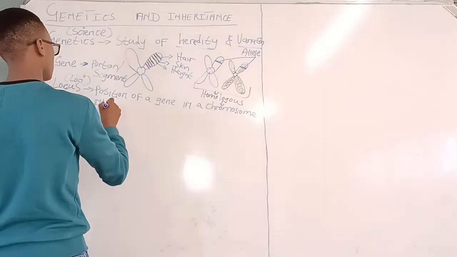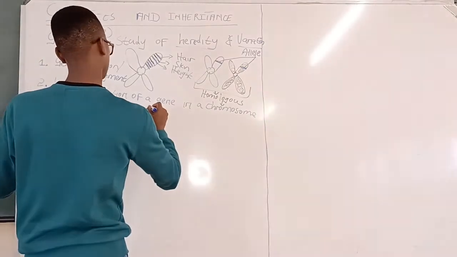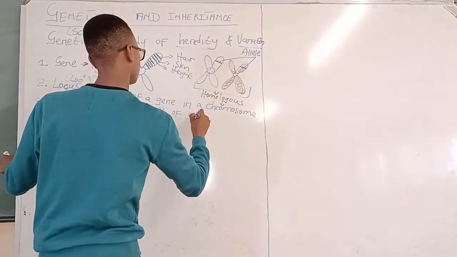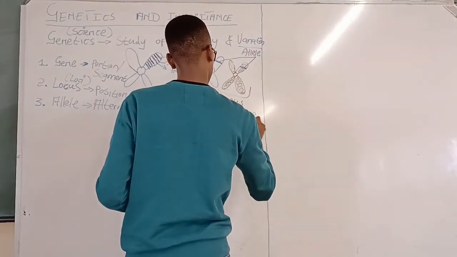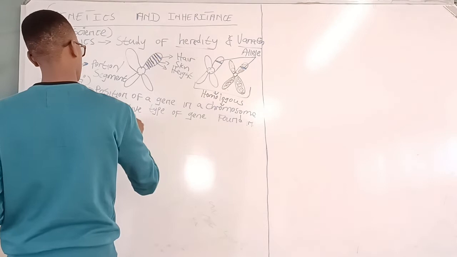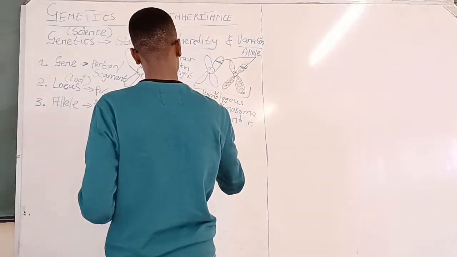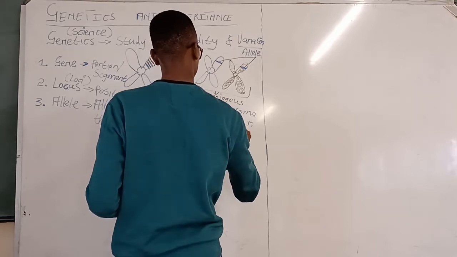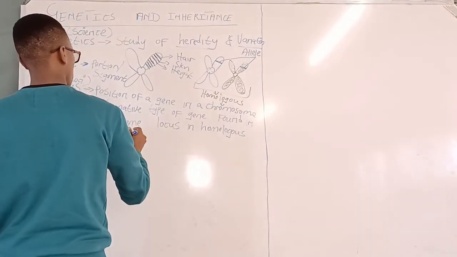So I said it's an alternative type of gene found in the same locus in homologous chromosomes.